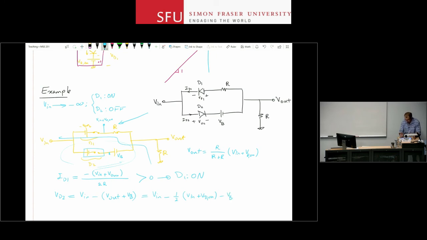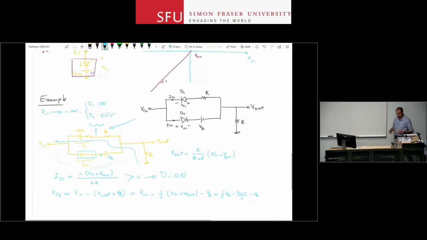So it is basically half V in minus half VD on minus VB. So is this positive or negative? Again, remember that I'm assuming V in is a very large negative voltage. So minus 100, if you put it in there, this is going to be less than 0. Definitely, it's less than VD on. And therefore, D2 is off.